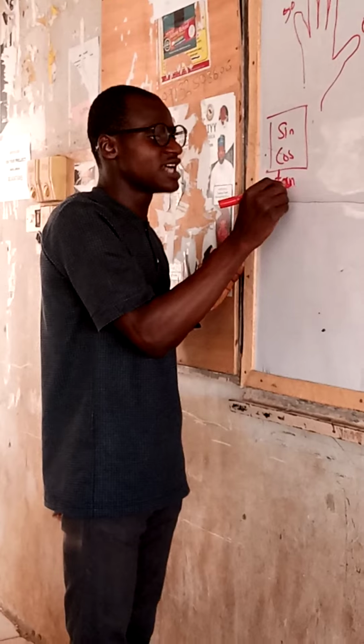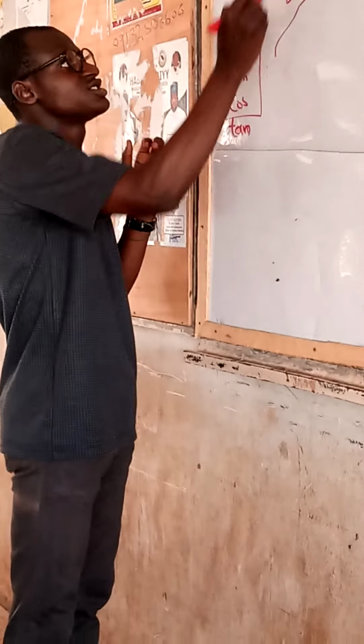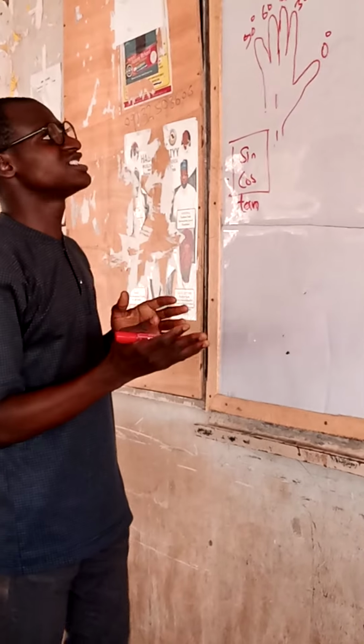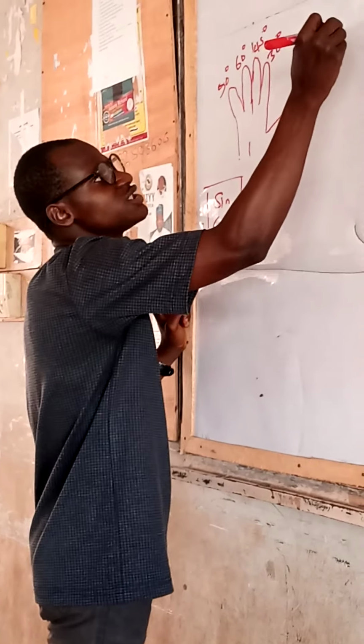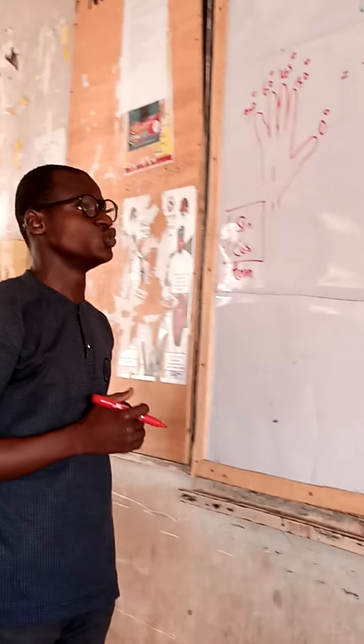The angle is divided into two, one for the sine and one for the cos. Whatever we are going to do here is going to be divided by 2.